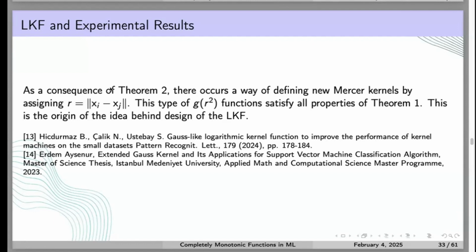This type of g(r squared) function satisfies all properties of theorem 1, and this is the origin of the idea behind the design of LKF. And this is the paper I'm talking about, and this is my student's master thesis. First, we mentioned this type of kernel construction in this thesis.